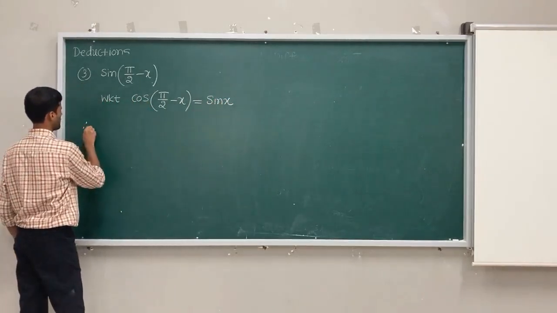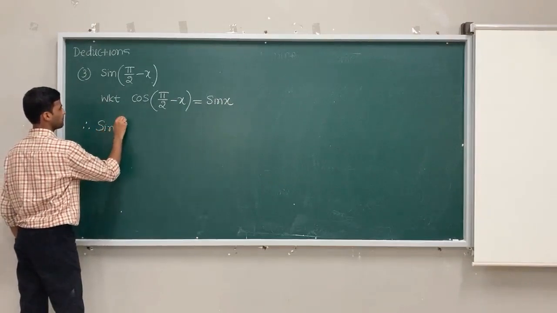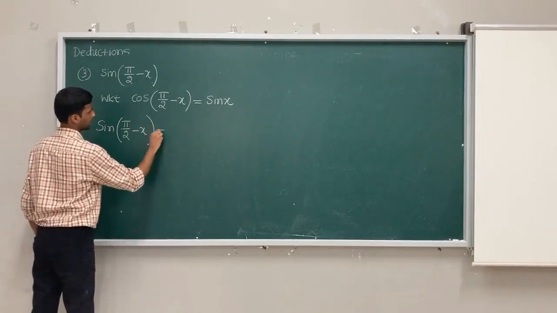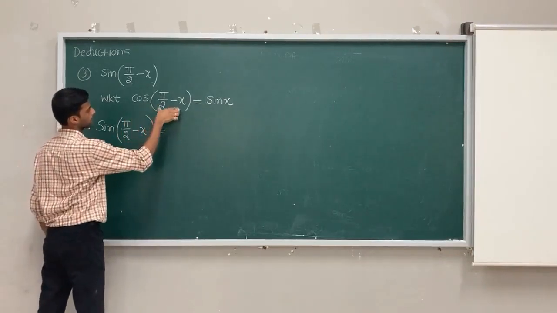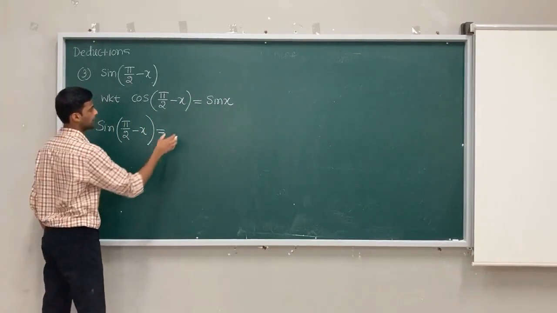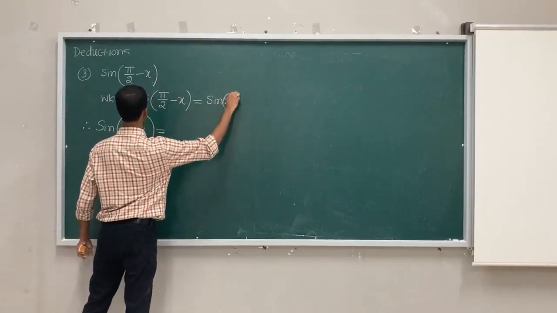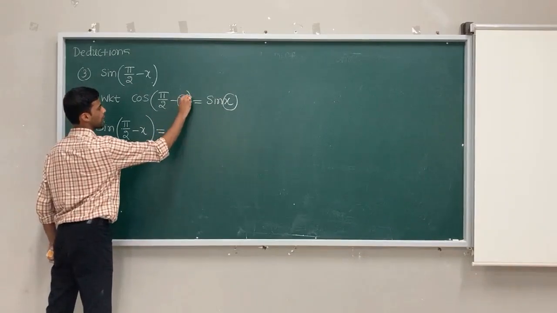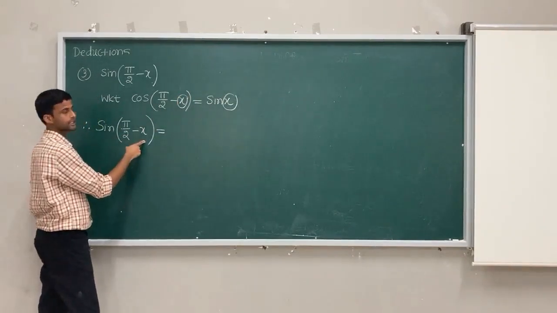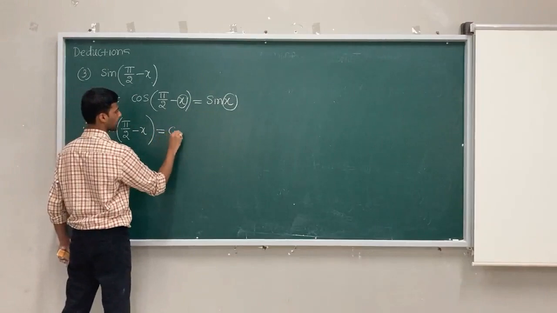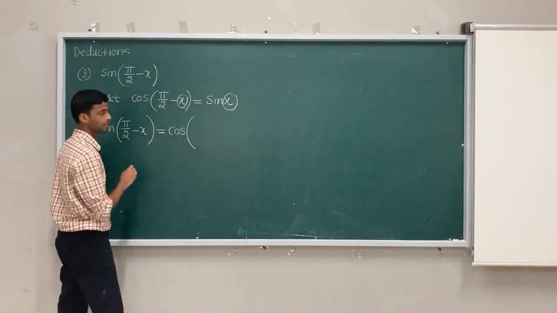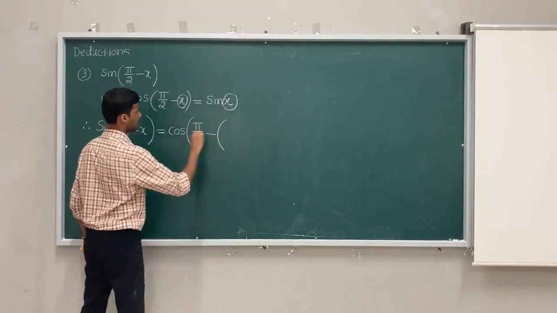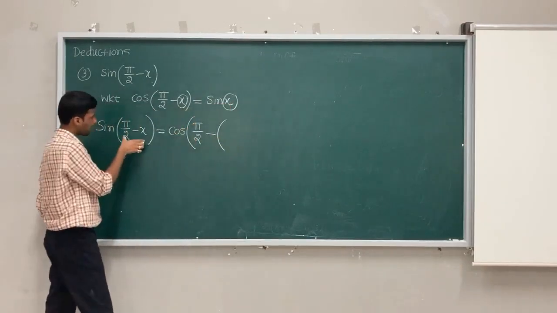Therefore, sine of pi by 2 minus x is nothing but, we know that cos of pi by 2 minus x is sin x. Therefore, I will replace x by pi by 2 minus x. Here also you have to replace it by pi by 2 minus x, because I know this result. So it is nothing but cos of pi by 2 minus, in brackets, pi by 2 minus x.